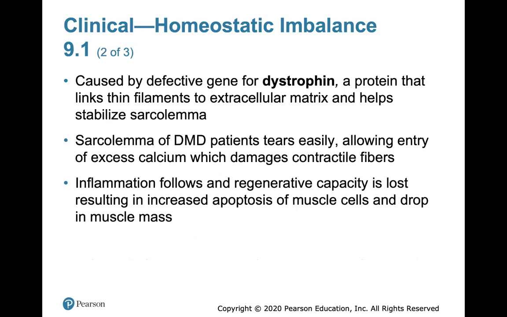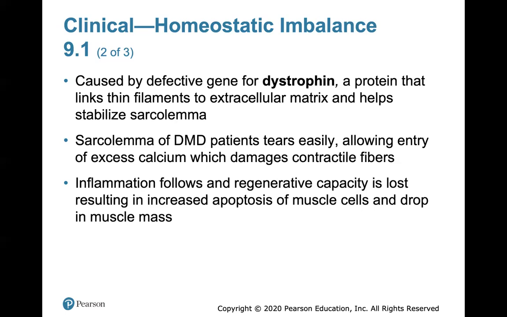It's caused by a defective gene for dystrophin, which is a protein that links the thin filaments to the extracellular matrix to help stabilize the sarcolemma, which is the plasma membrane of your muscle fibers. The sarcolemma of these DMD patients will tear really easily. That allows the entry of excess calcium, which will damage those contractile fibers.